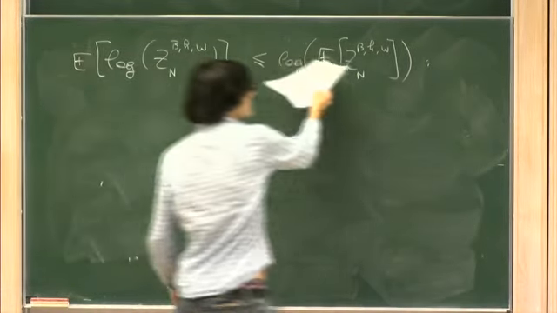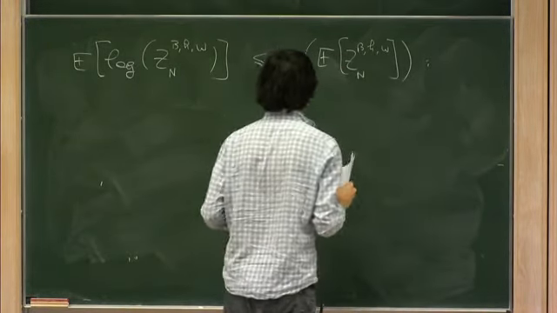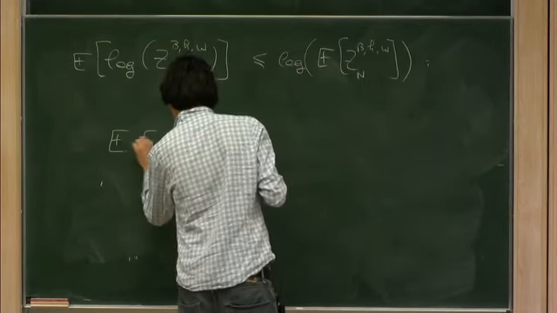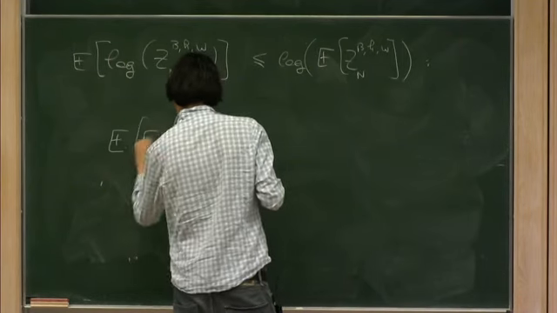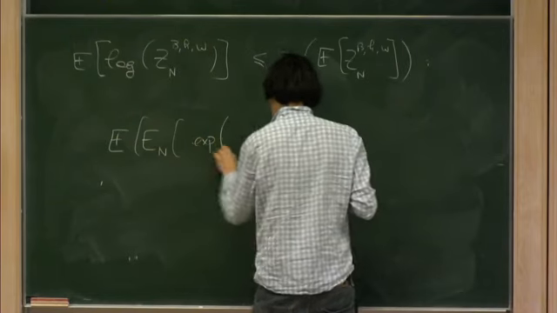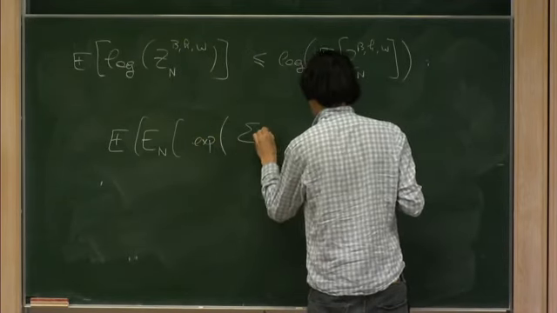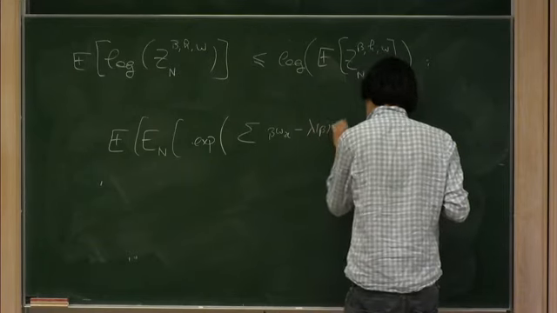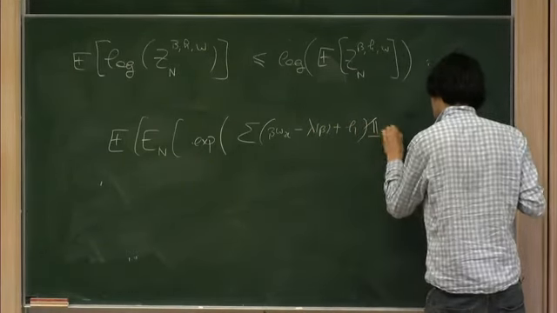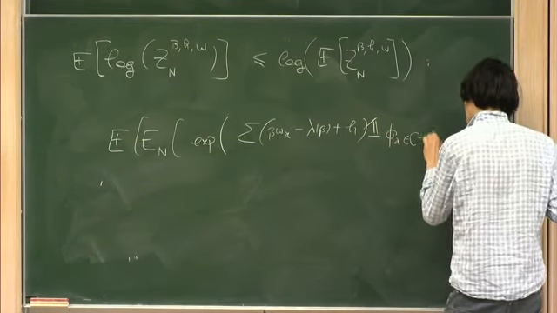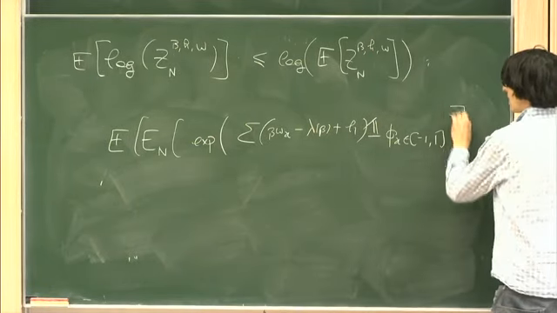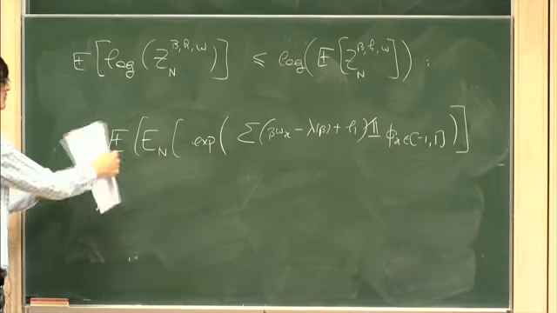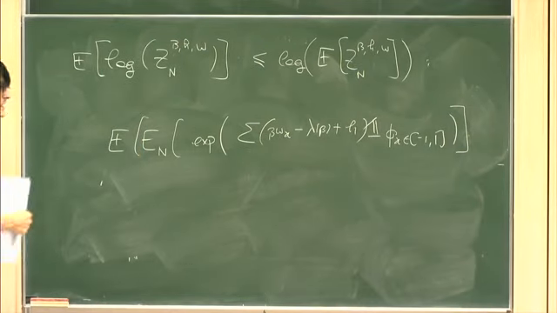And now, if you try to compute this, because of the definition of our Hamiltonian, it gives you something very simple. When I compute the expected value of the partition function, I can use Fubini to interchange the two expectations.